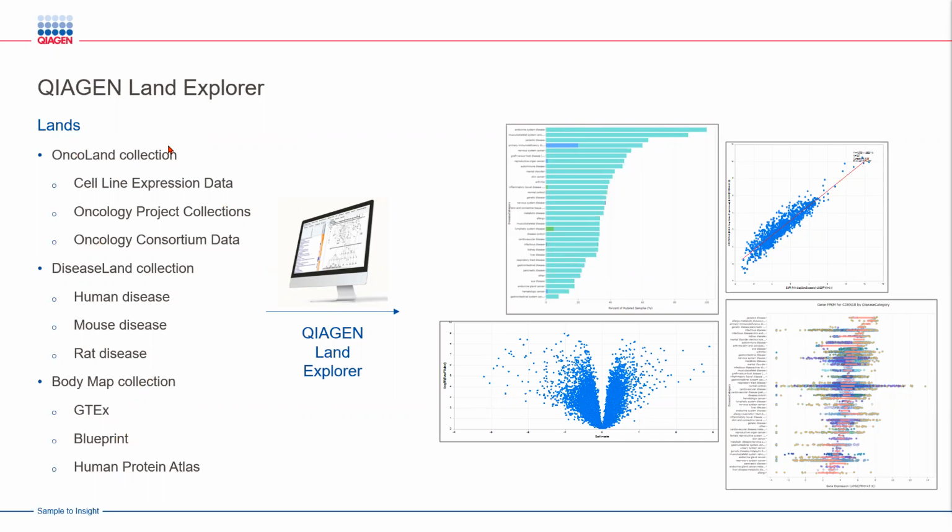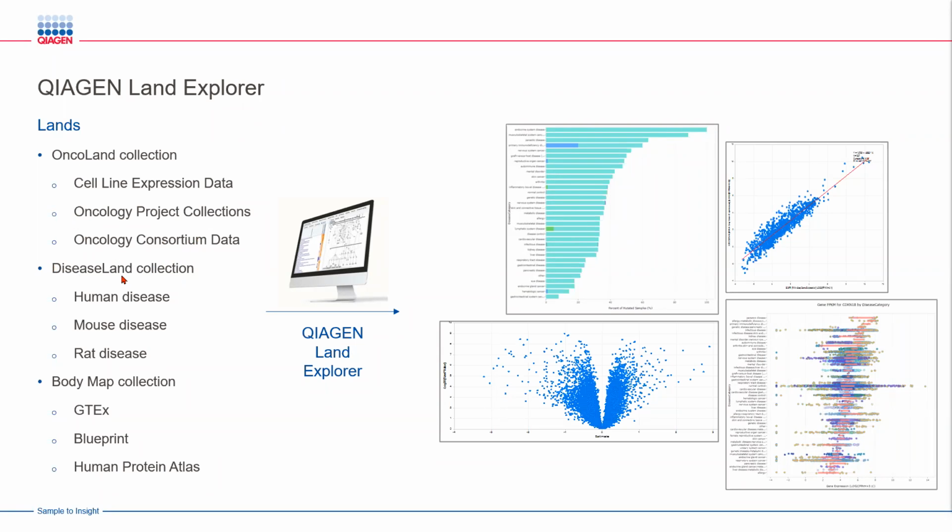If you are a cancer researcher, you can look at cell line expression data. We have a lot of consortium data coming from sources like TCGA. We also have oncology projects, which are peer-reviewed papers or clinical trial related data that is stored as part of this Oncoland collection.